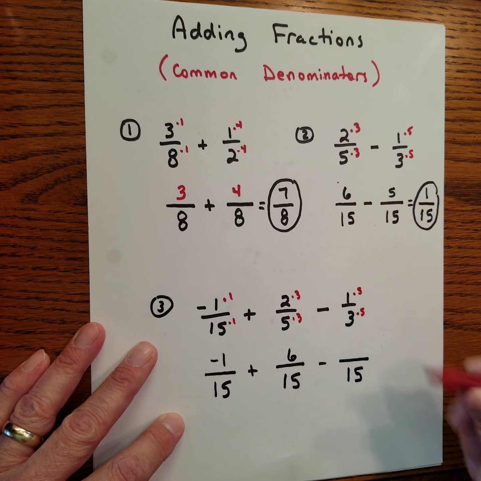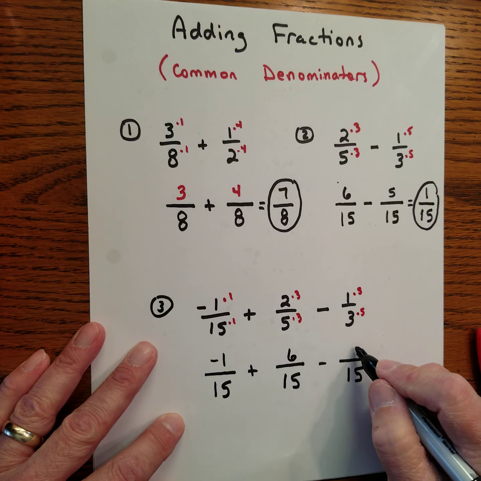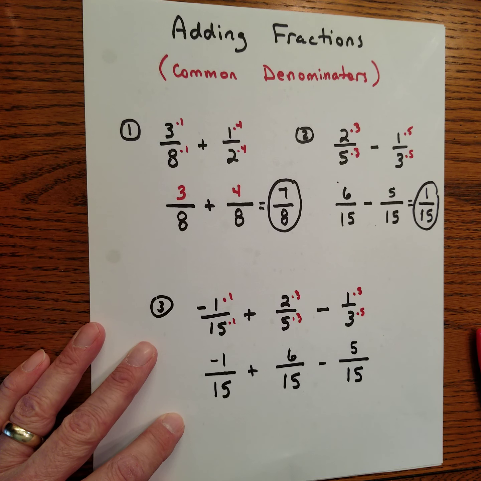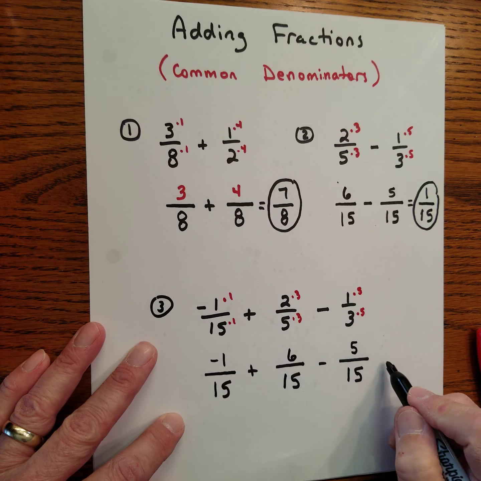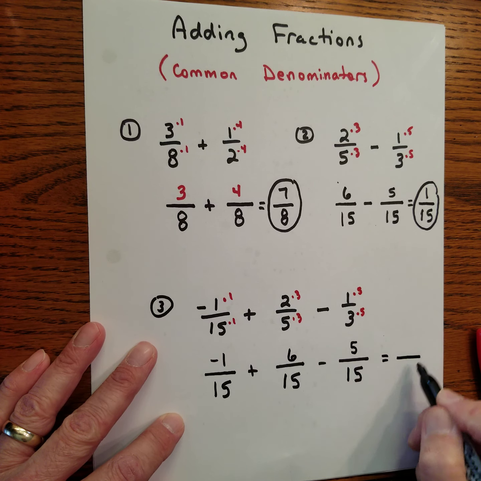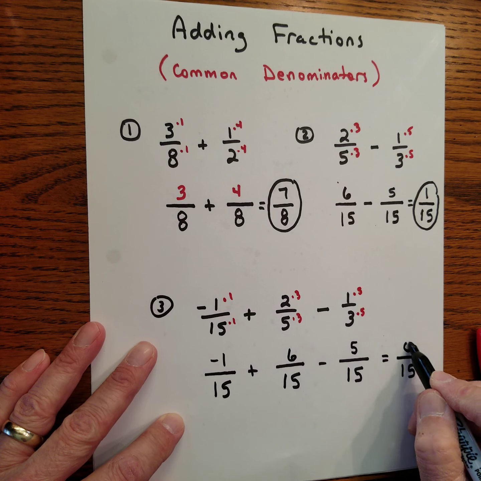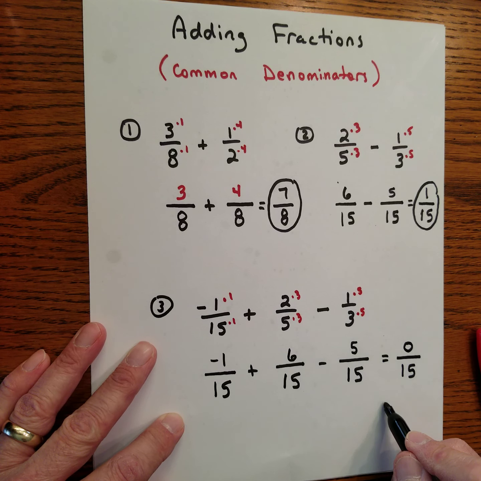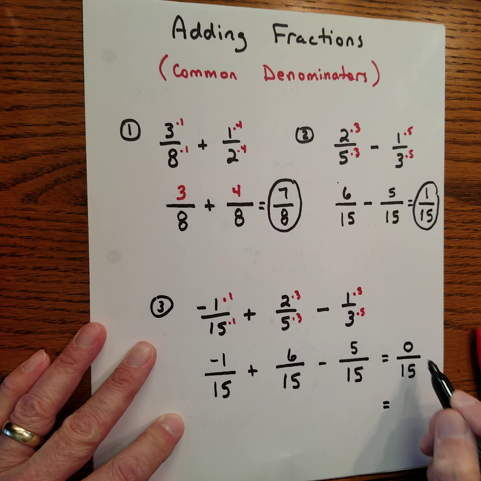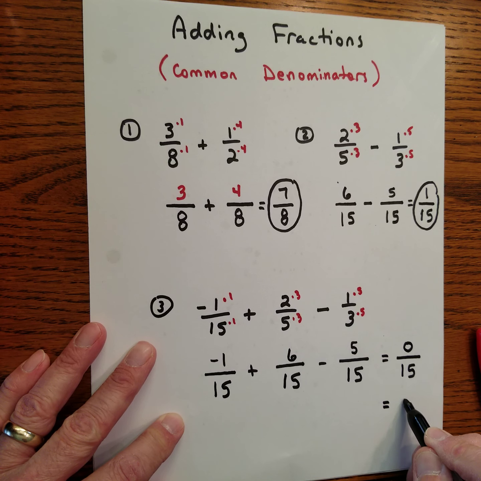We'll multiply the top by 5. Now keep the common denominator. And negative 1 plus 6 is 5, minus 5 is 0. You could leave your answer like that, or we can know that 0 divided by any number is just 0. Got it.